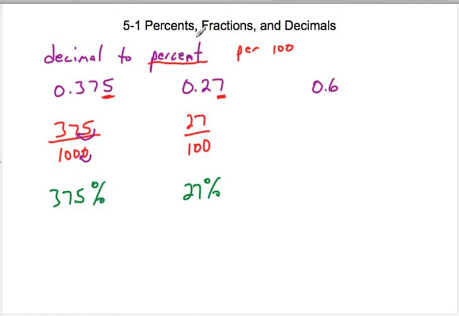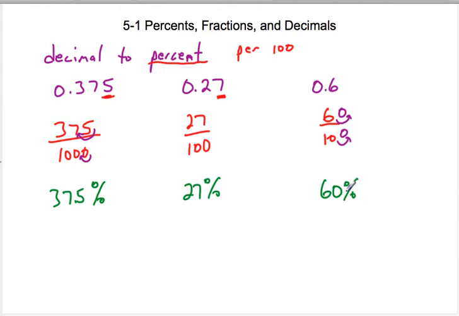Over here, we have 6/10. We need the bottom to be 100, so we can multiply by 10 to get 100, right? So we're multiplying by 10, bringing that over 1. So it's actually 60 over 100, which is 60%.